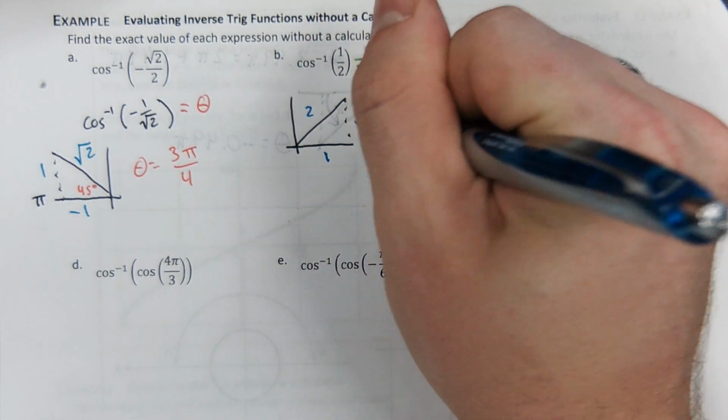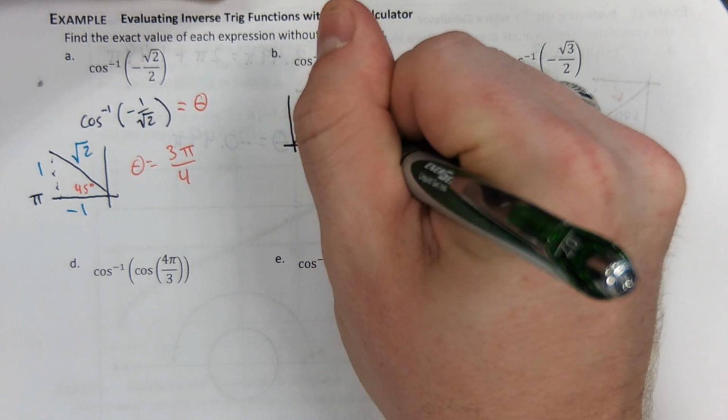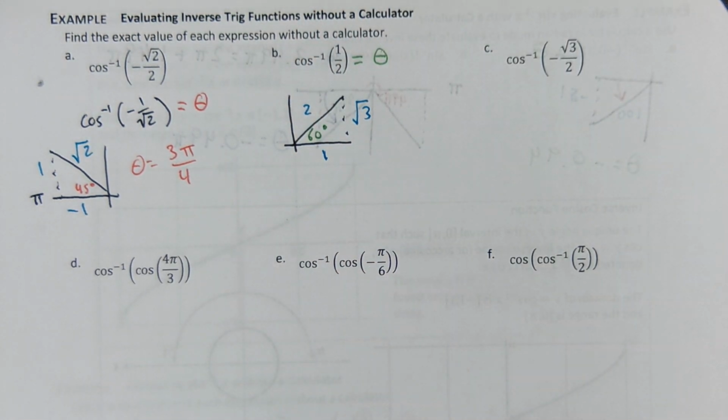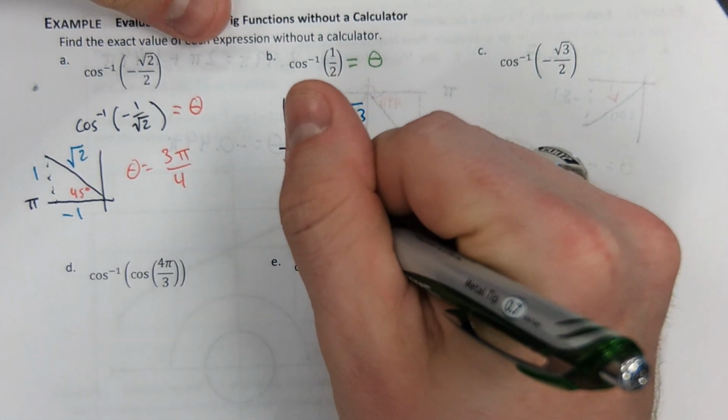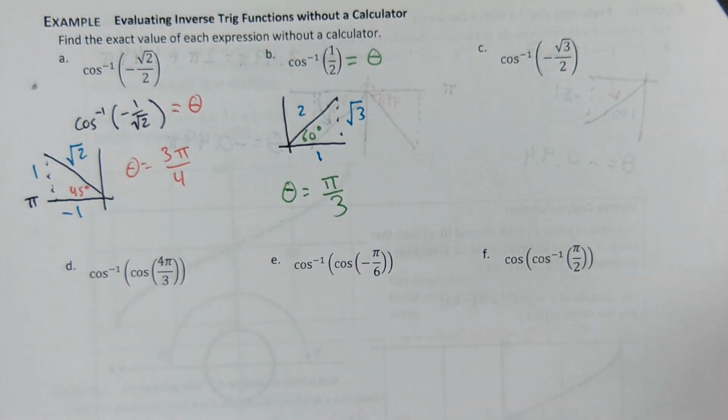That makes that a root 3. I just need to know the size of the reference angle. 60-degree reference angle. And we're in quadrant 1. What is 60 degrees in radians? It is pi over 3. 1/3 of a pi. And there it is. It's a basic B questions, right?